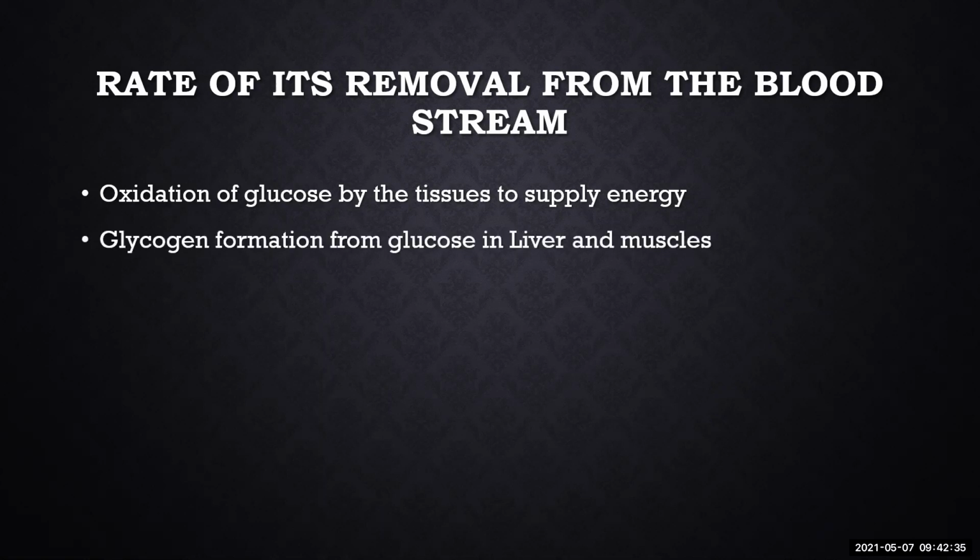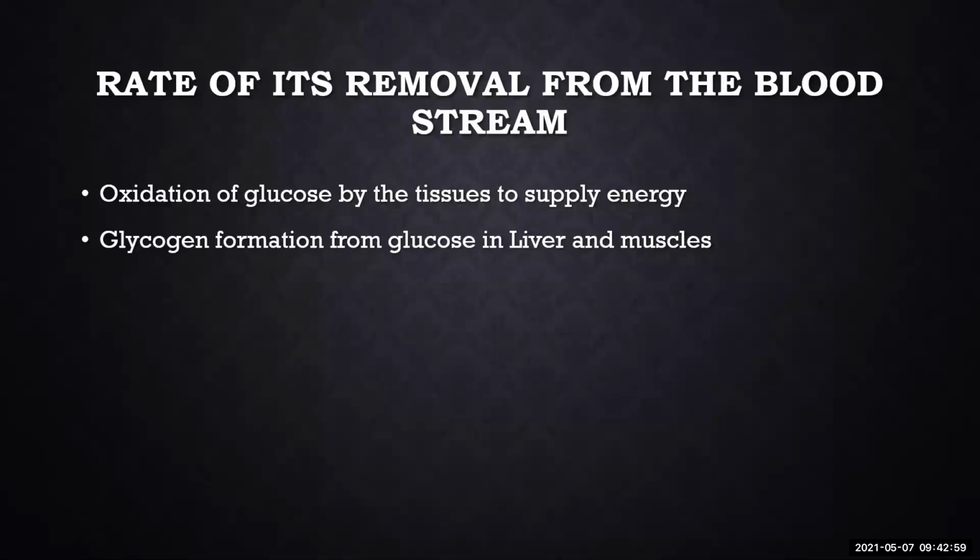Next, whenever our body does not require any energy and there is a large amount of glucose circulating in the blood, our body thinks that later it might require energy, so it will store glucose. The storage form of glucose is glycogen. Glycogen formation mainly starts in the liver.